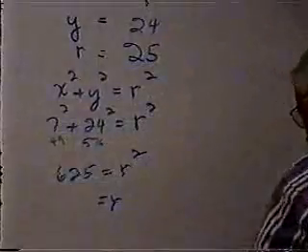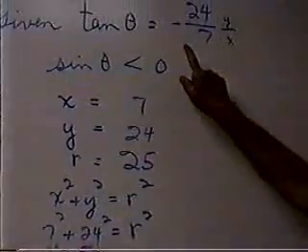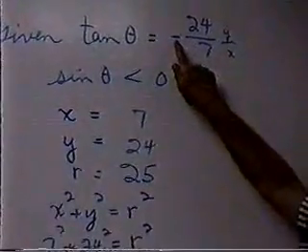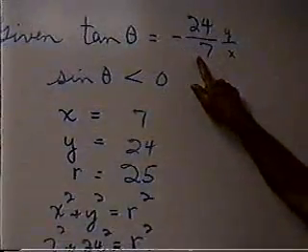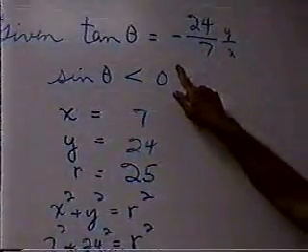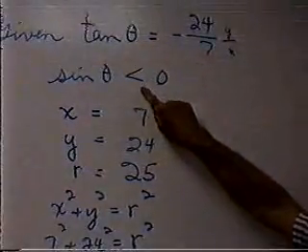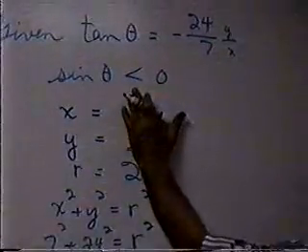Oh, wait a minute. Let's go back at the top and look at this again. This says that the tangent is a negative something. Now, we don't know where that minus goes with the y or with the x without some investigation. Well, look right here. This is what this is for. This tells us where we are, which quadrant. This says that the sine of theta is a negative.